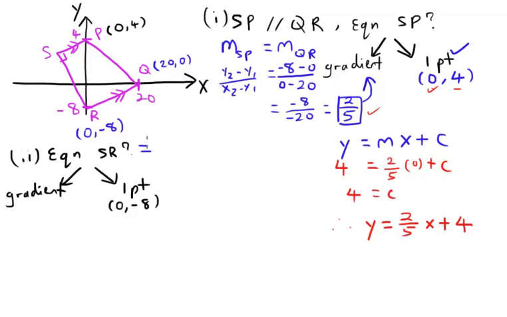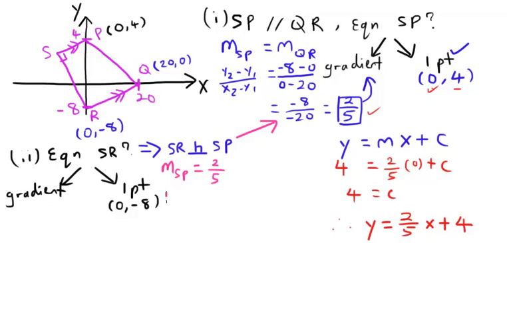From here, you know that SR is perpendicular to SP, and you have the gradient for SP, right? Which is here, 2/5.